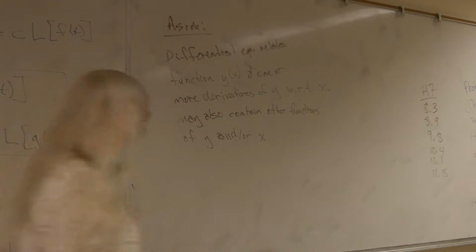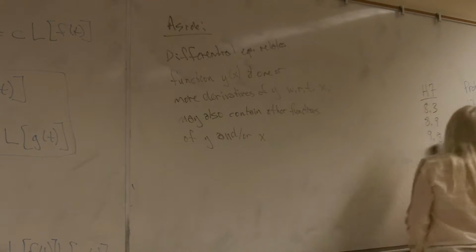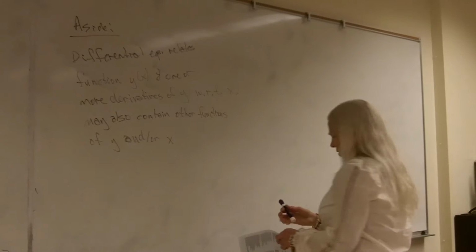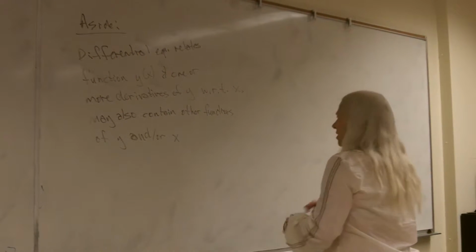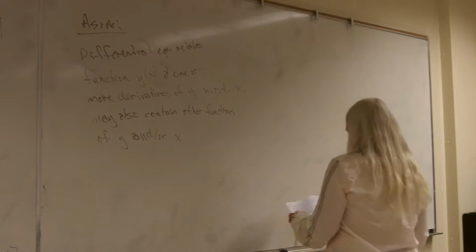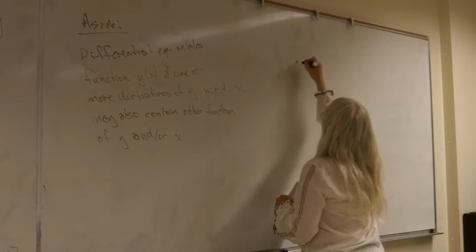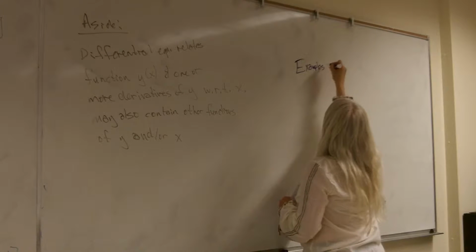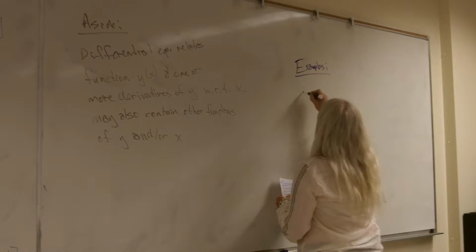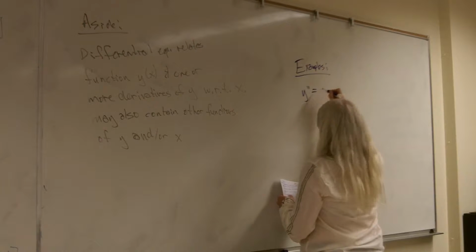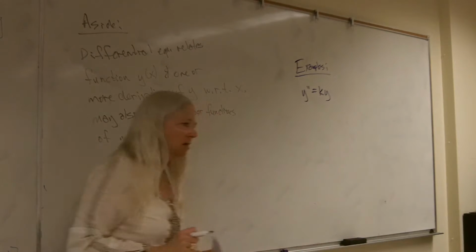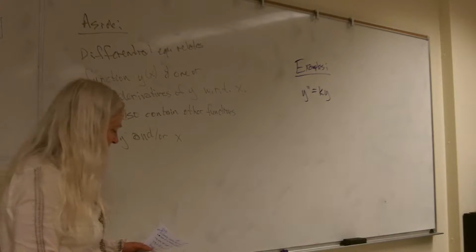So let me just write down a bunch of examples of differential equations. And you'll see that they all relate this function y and its derivatives and maybe some other functions that depend on y and x. I'm going to use the prime notation. Y double prime means a second derivative of y with respect to x.